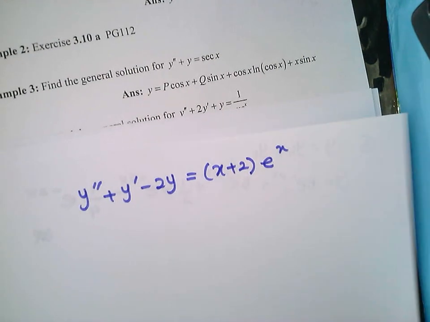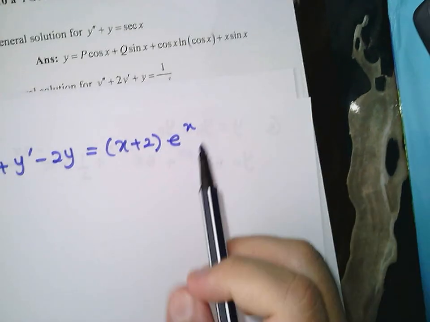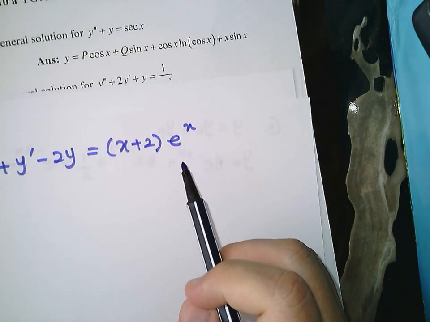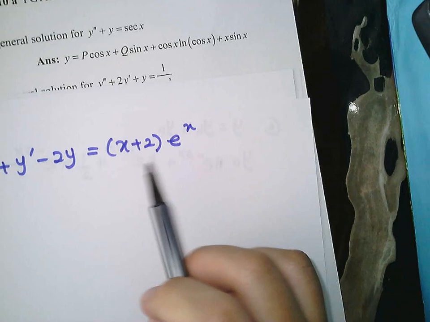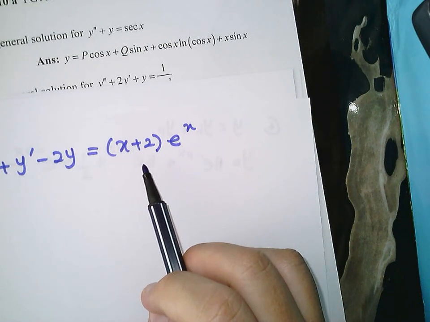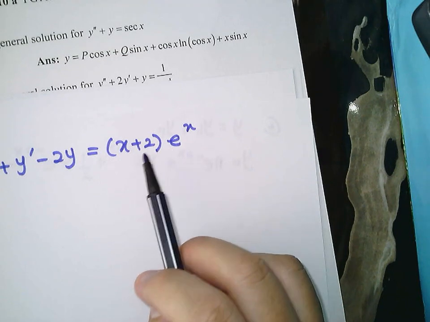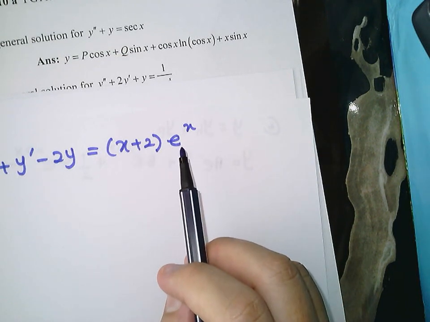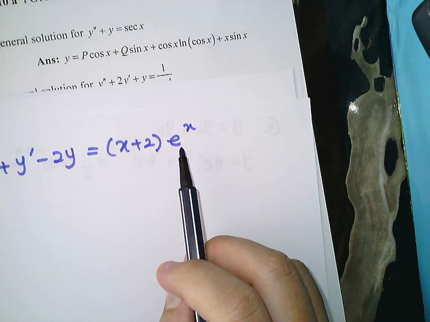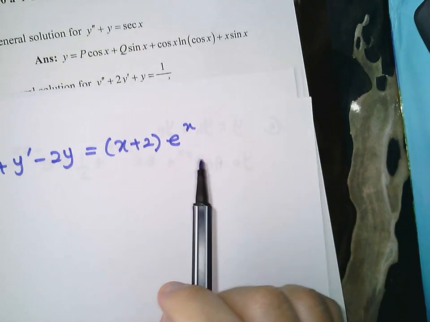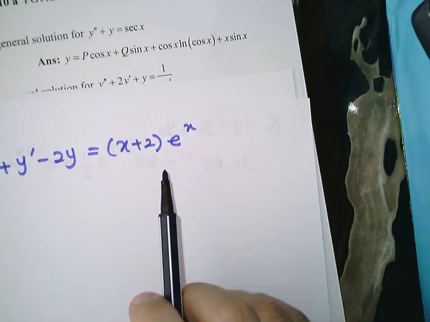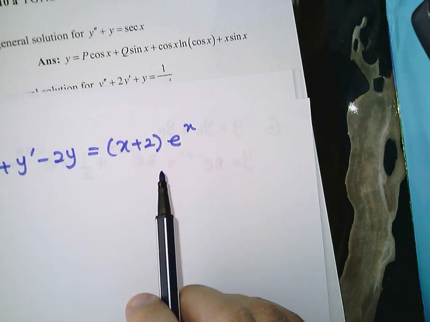As you can see on your right hand side, your f(x) is a combination of polynomial and exponential, a product, multiplication of polynomial and exponential. Actually this one can also be solved by using UC, but this is case 5 I think.